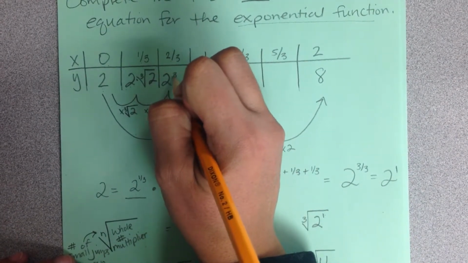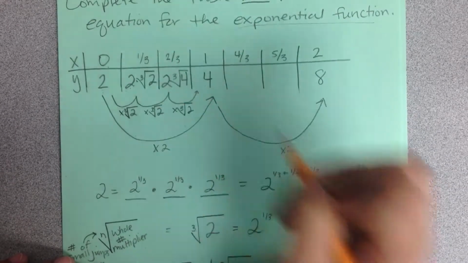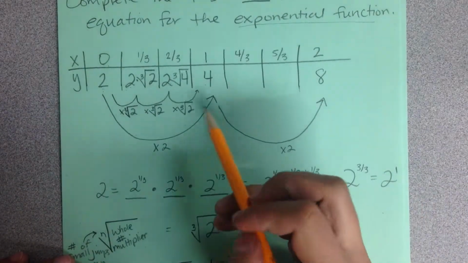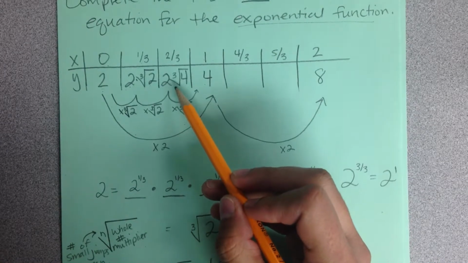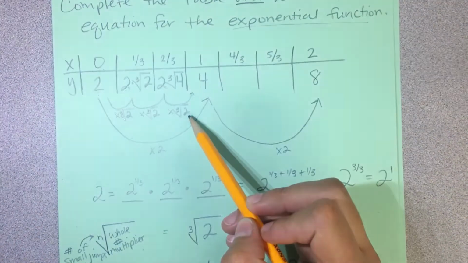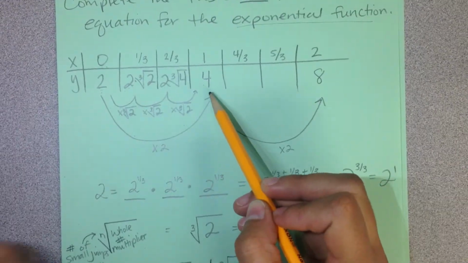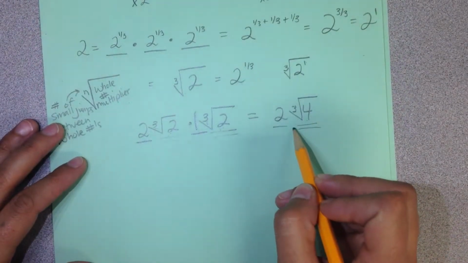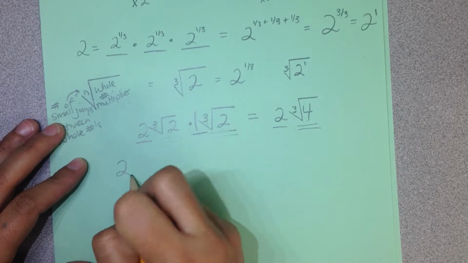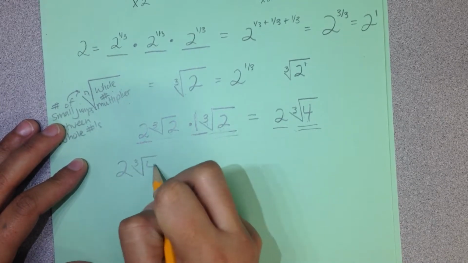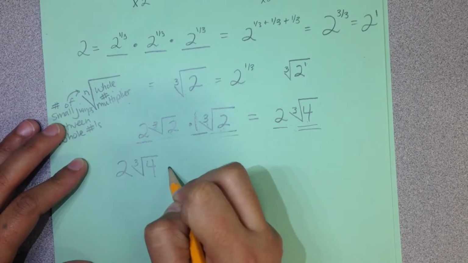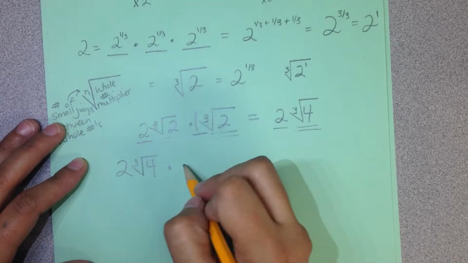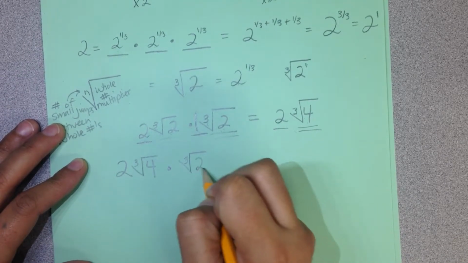We have 2 times the third root of 4. And then we're going to multiply 2 times the third root of 4 by the third root of 2 again. And we should get 4. So doing that, I'm going to come back down here and take our term that we have now, 2 times the third root of 4, and we're going to multiply that by our constant multiplier, which is the third root of 2.